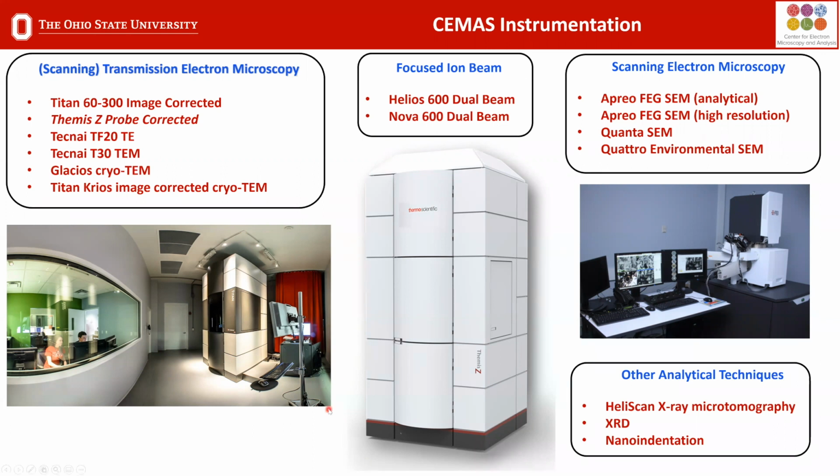One thing I would draw your attention to in this image is the image on the left. This is our Titan microscope. What you can see in this picture is how nicely we've organized the facility so that the instrument operators sit outside the microscope. From a stability standpoint and operating structure, it works great. But what I want to point out is the size of the microscope relative to the people.